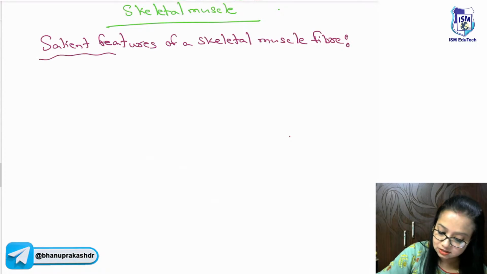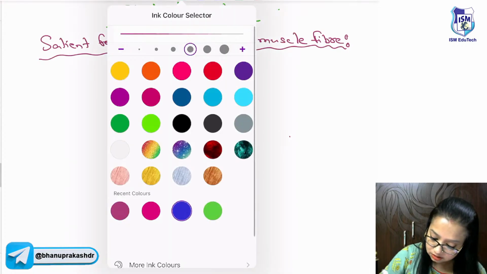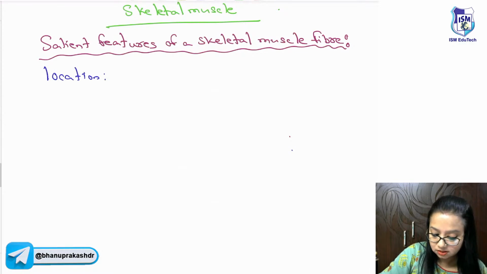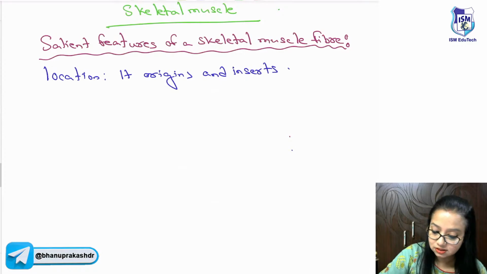Okay, what are the general features of a skeletal muscle fiber? Location, it originates, that it begins, and ends, that is inserts, in a tendon.